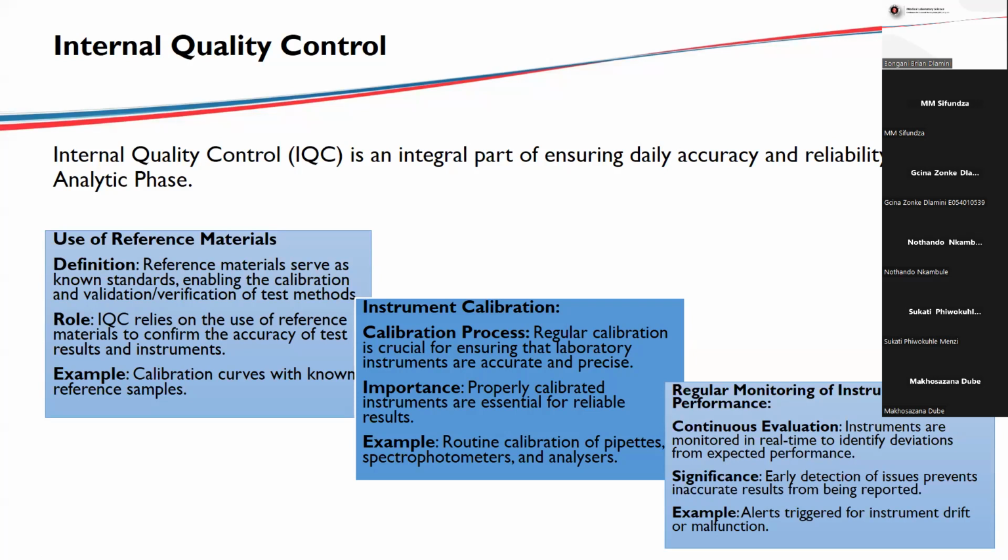So it will help us to always issue results that are of good reliability. An example could be alerts triggered for instrument drift or malfunction, to say if it has drifted or shifted from the normal, it can give an alert to say it's no longer within the right limits.